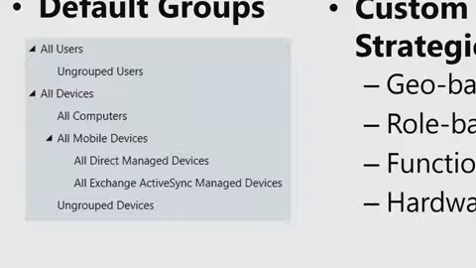And then we have ungrouped users. Now, initially, this kind of doesn't make sense, but the goal here is to get you to a point where you are organizing all the users based on whatever strategy you wish to use, and I'll talk about that in a second. So if you're moving users into, let's say, geographically organized groups or politically organized or role-based, however you want it to be, we want to be able to get back to a point where, okay, we've got 10 new users that we're managing this month.